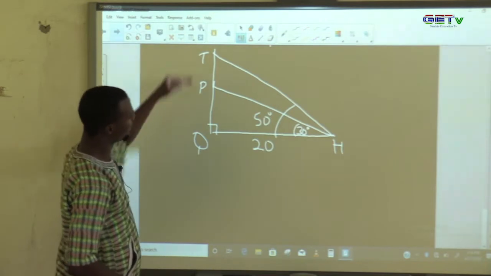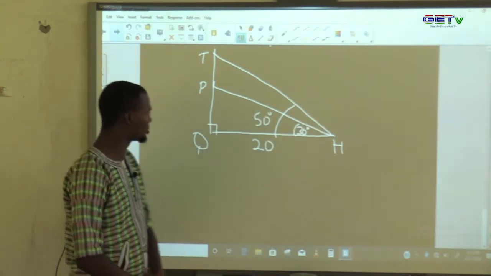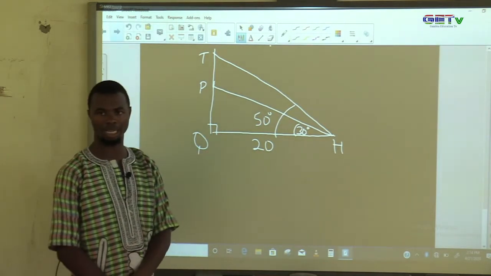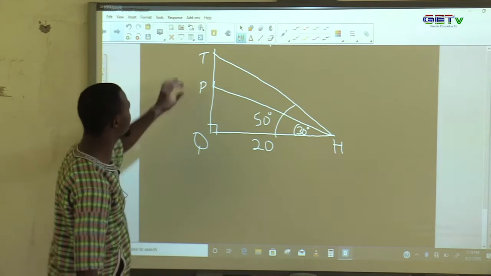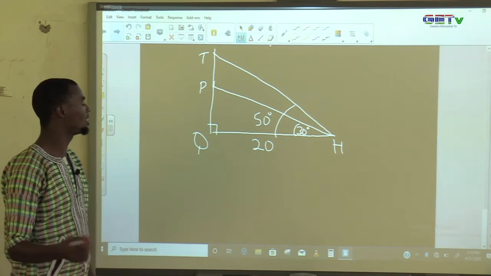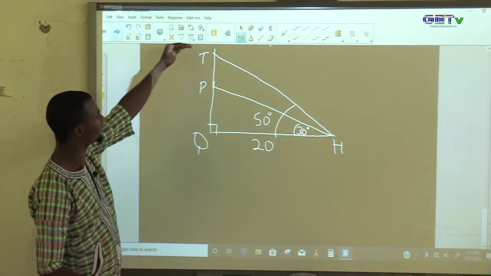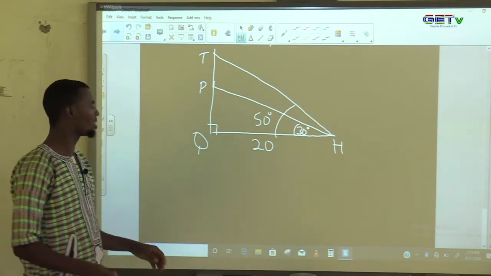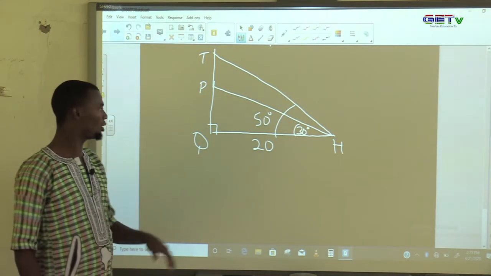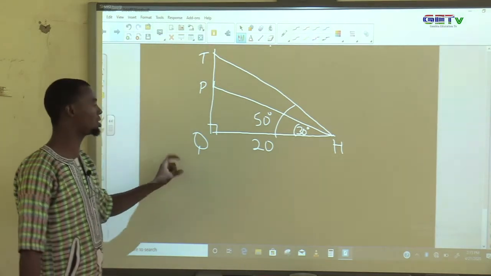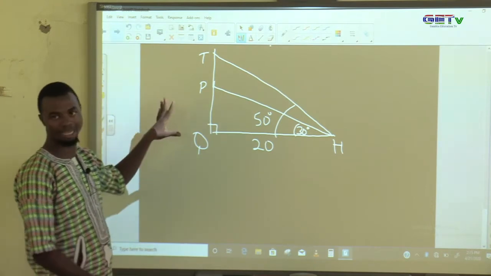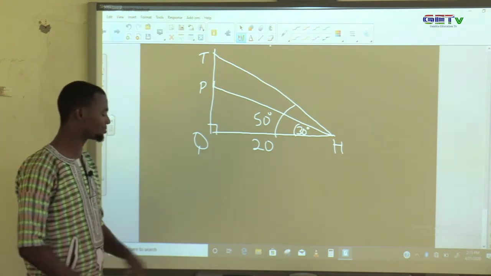So TQH is a right angle triangle and PQH is also a right angle triangle. We are asked to find the distance PT. In order to find PT, you will first find the whole distance TQ using the right angle triangle THQ, and you find the distance PQ using the right angle triangle PHQ, then subtract them and get the distance PT.